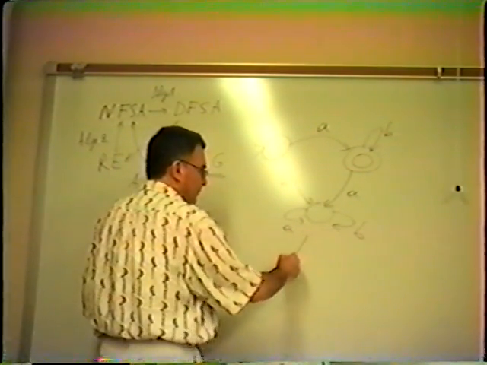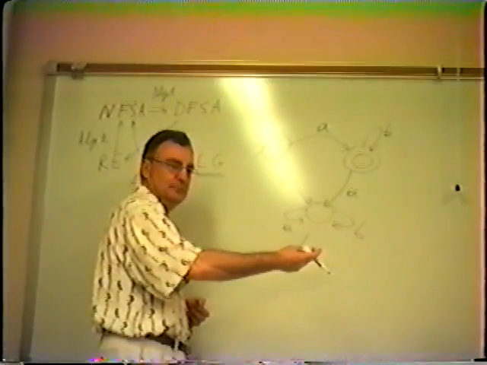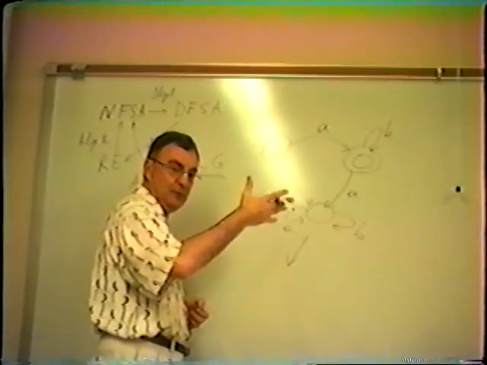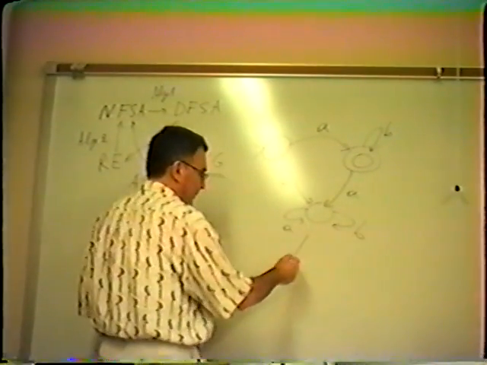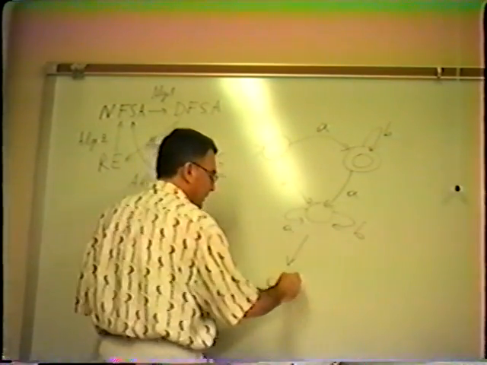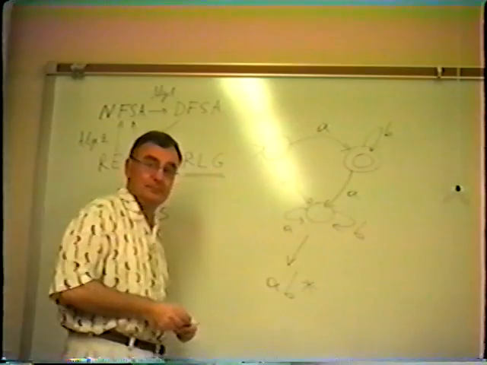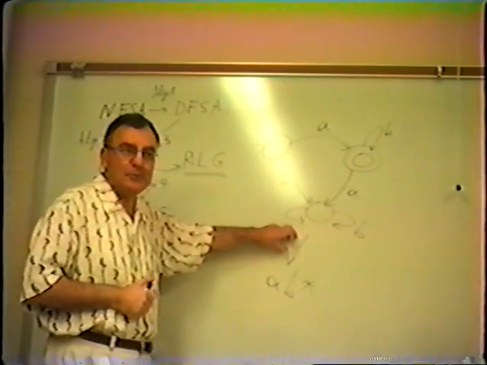Now, one way to describe the language will be in natural language, because you have an A followed by 0 or more b's, or followed by any number of b's. Another way to describe it would be AB star, using a regular expression. Right? Okay. Natural language is always dangerous.